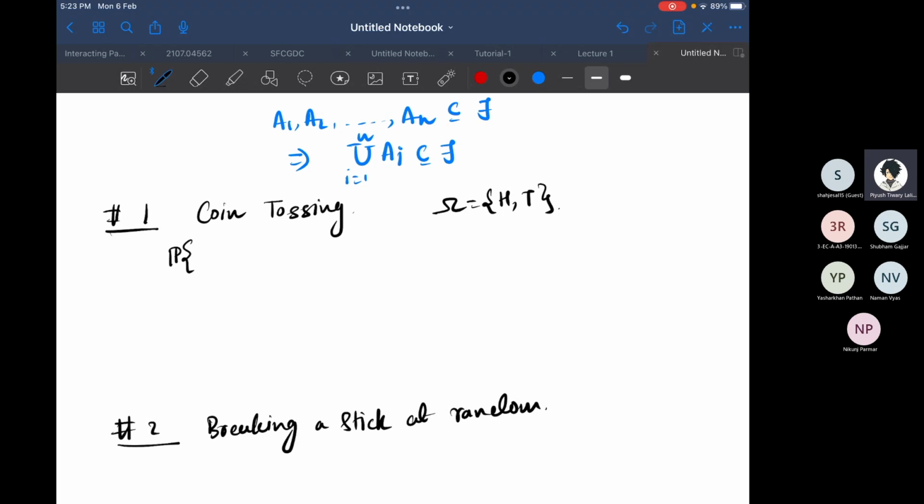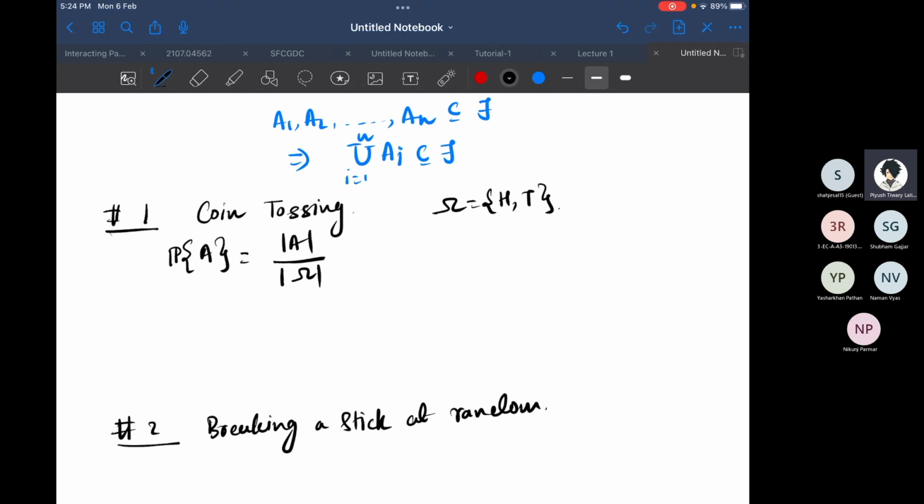What I want to say is that the probability of any event A is the cardinality of A upon the cardinality of omega. That is what it is essentially.